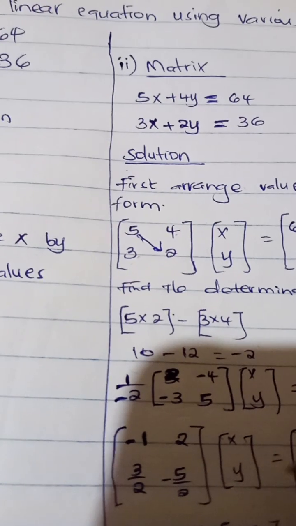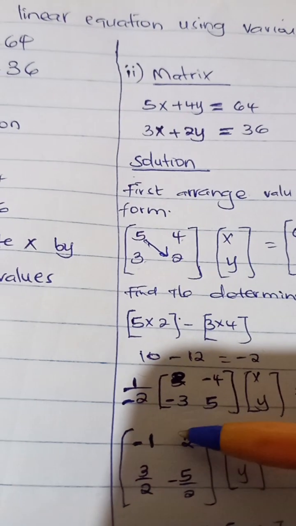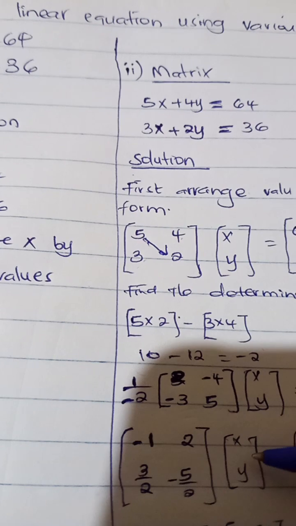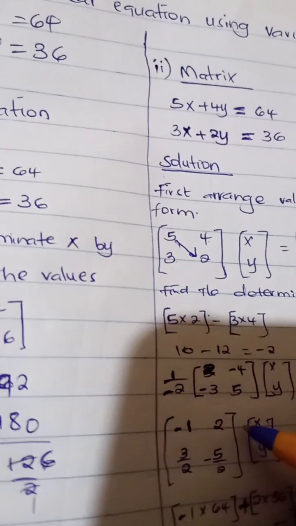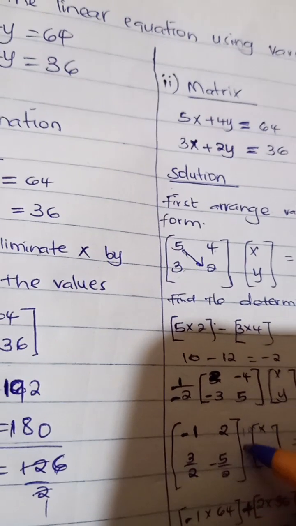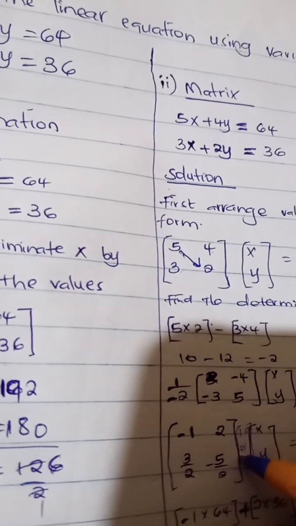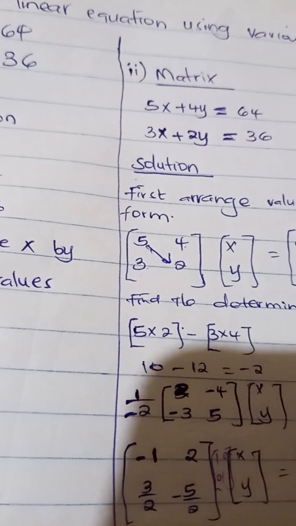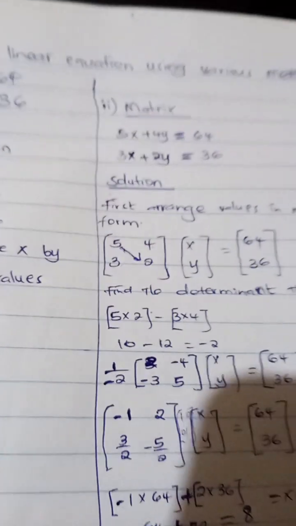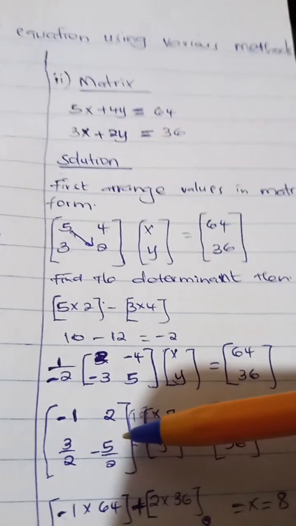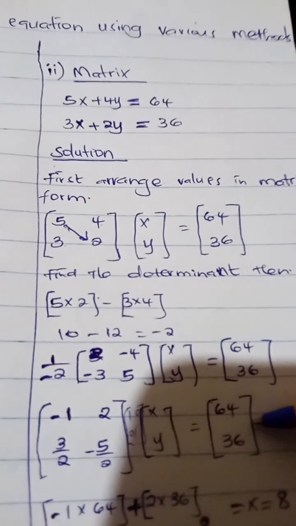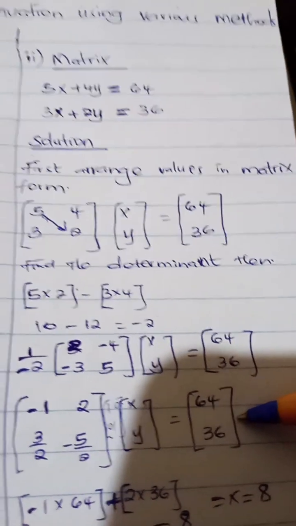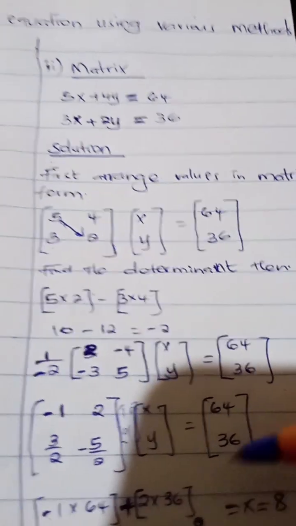The left side you calculate as the 1001, which is the identity in a matrix. Then this one you calculate with the right hand side, which is 64 and that's 6.